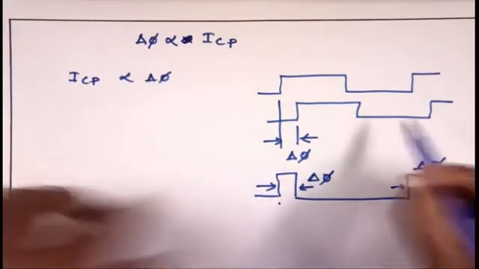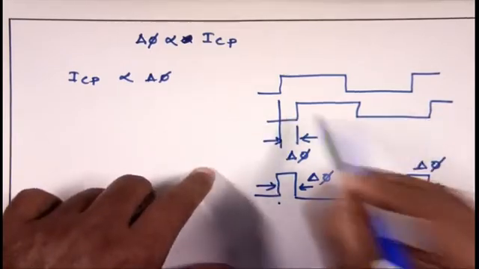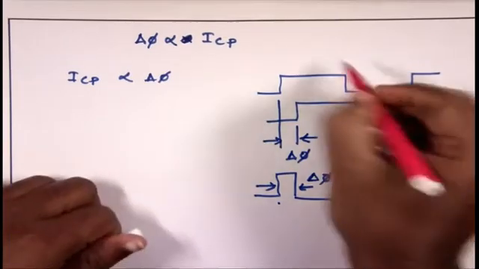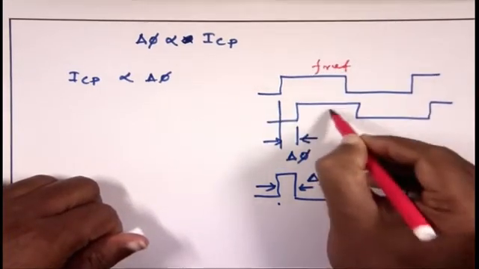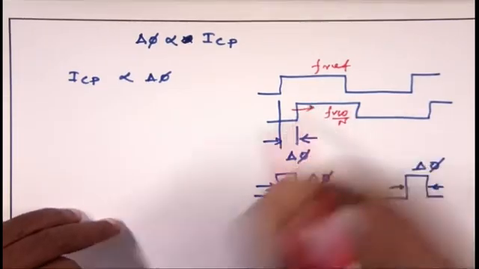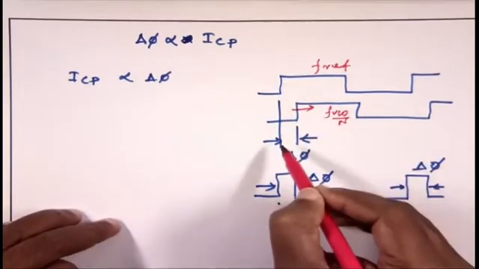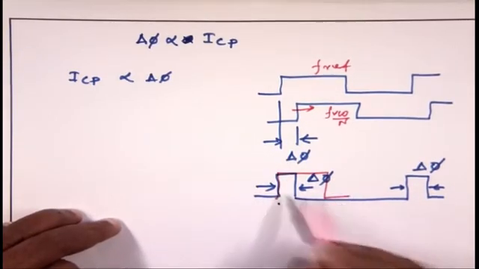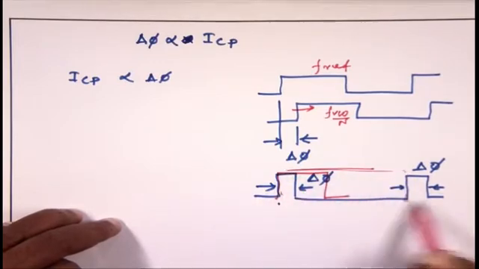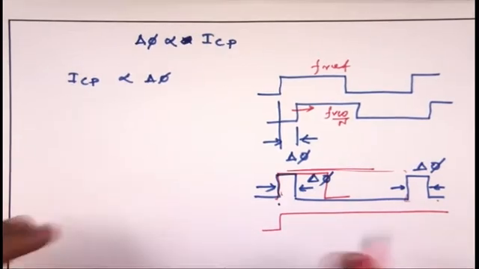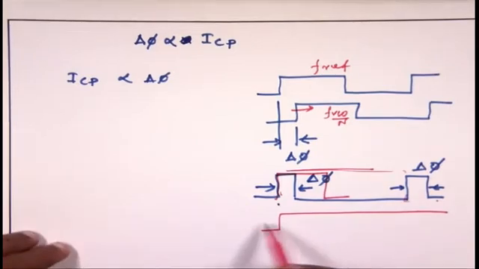You can just assume this particular waveform is the f ref frequency and this is the f VCO by n. If the waveform is moving to the right side from the nominal position, delta phi will increase. It will be more delta phi and ultimately it will cover the whole time period, that means the twice pi of the phase angle, where you will get the complete constant current.